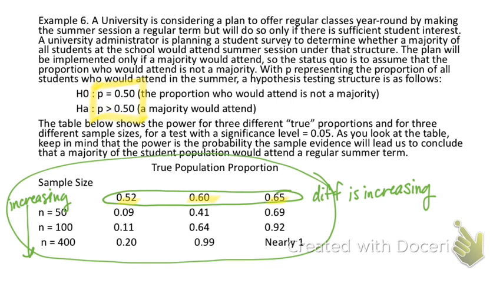So what do you notice? Reading all the values on the inside, that's all of my power. What's happening to the power? When is it the best?